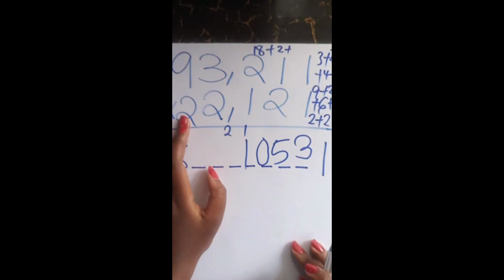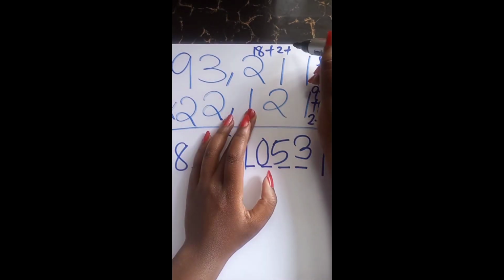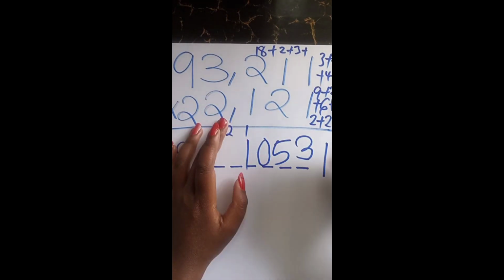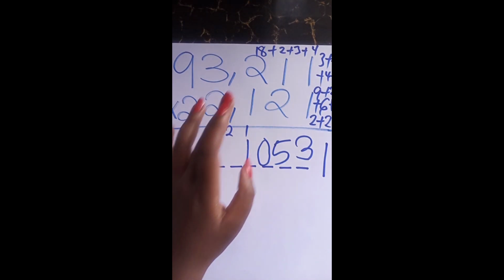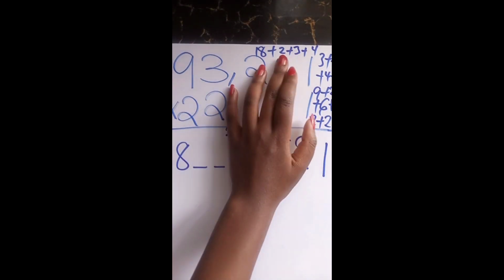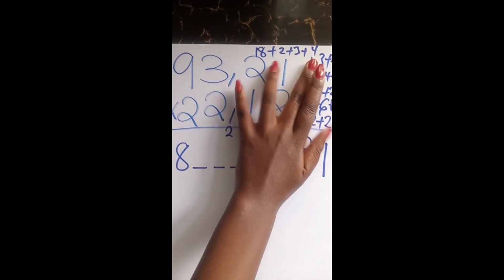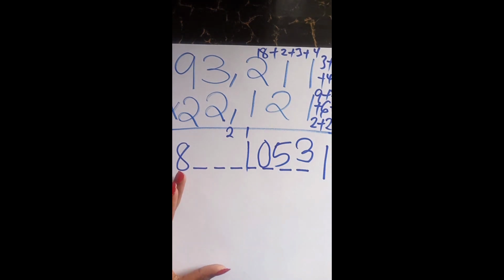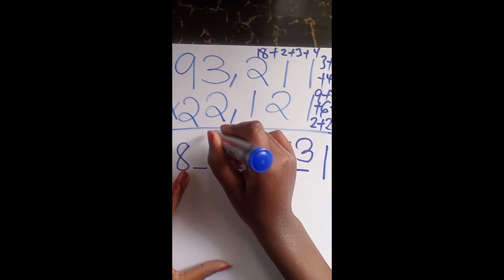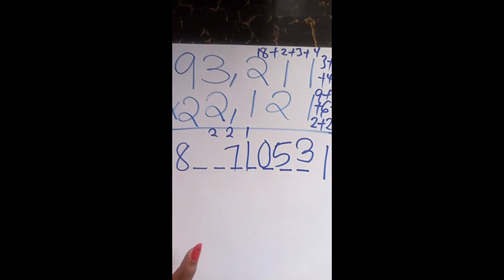Are we together? 3 times 1 is 3, and 2 times 2 is 4. So when we add, 18 plus 2 is 20. 20 plus 3, 23. 23 plus 4, 27. So that means that we'll write a 7 here and carry a 2 over here.